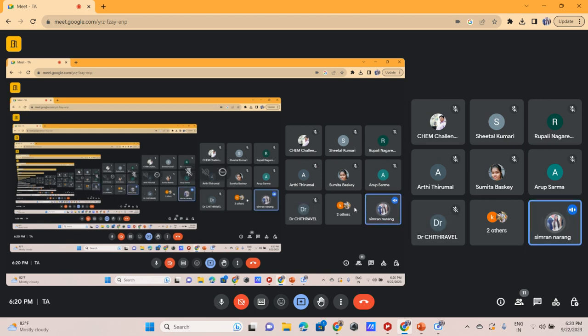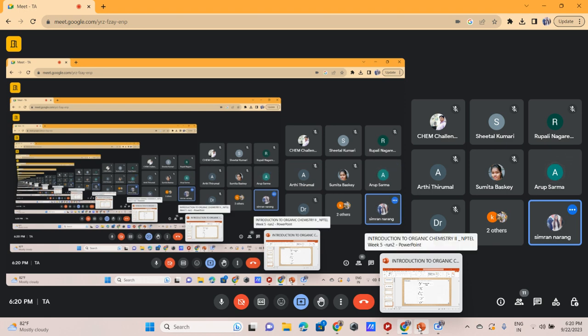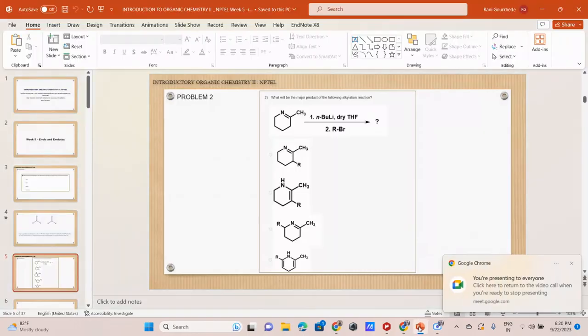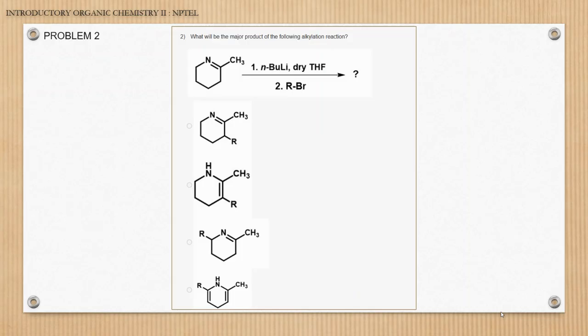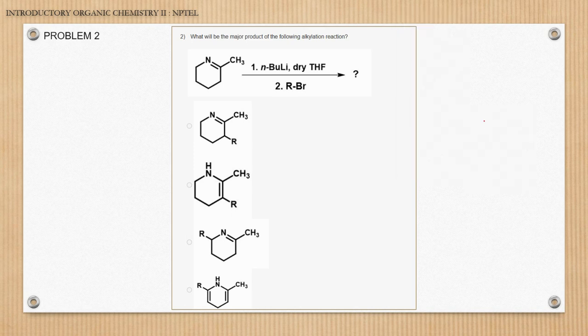Yes, ma'am, audible. Screen is not coming. Okay, so can anyone tell me what I have explained on this first step? The HB protons is getting eliminated rather than HA. Am I audible at that moment? No, ma'am. Okay, so I will explain again.